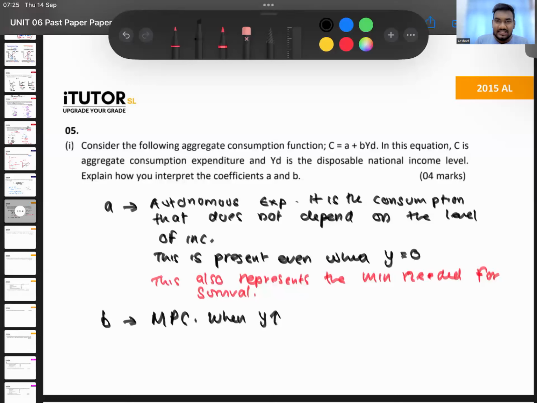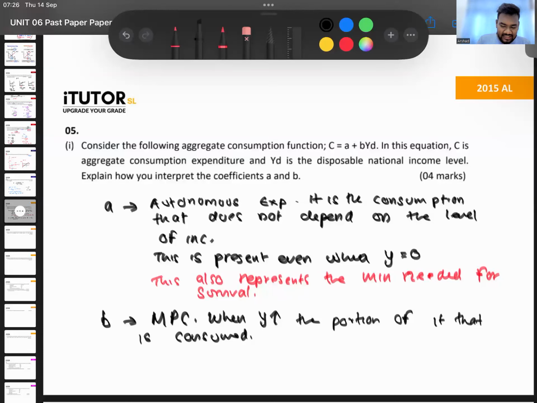That's what you call MPC, right? If you want, give a small example. You can say if income increases by 1,000 and a consumer uses 800 of it for consumption, then the marginal propensity to consume would be 0.8. You can give something small like that.